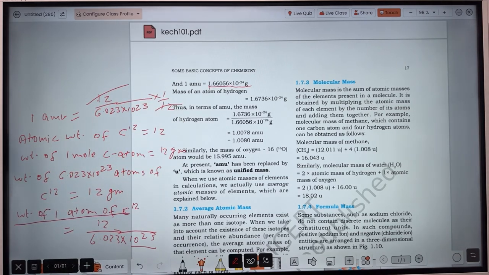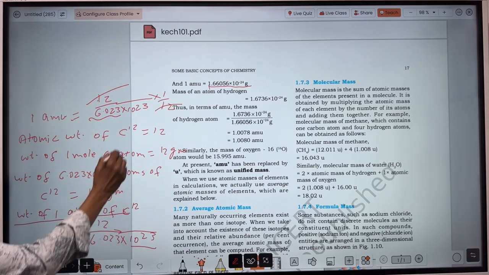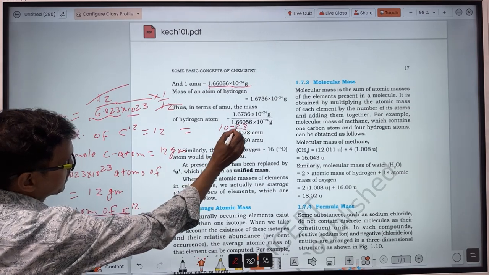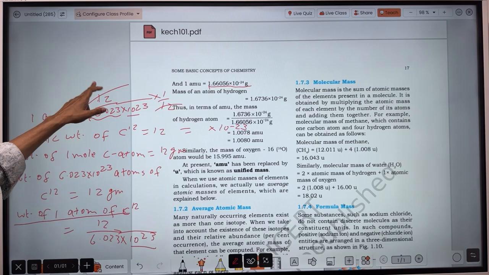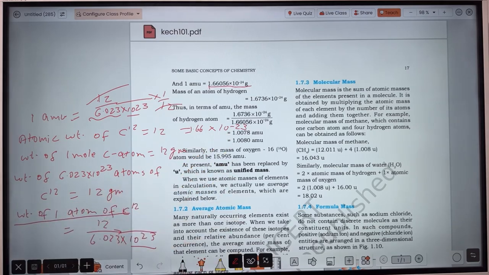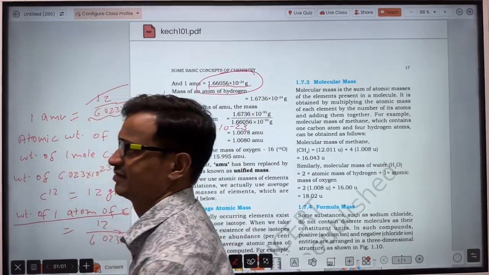Cancel out: 12 by 12 cancels, 1 by 6.023 becomes 1.66, and 10 to the power 23 in the denominator becomes 10 to the power minus 23. So 1.66 into 10 to the power minus 23 is the weight of one atom in that unit.